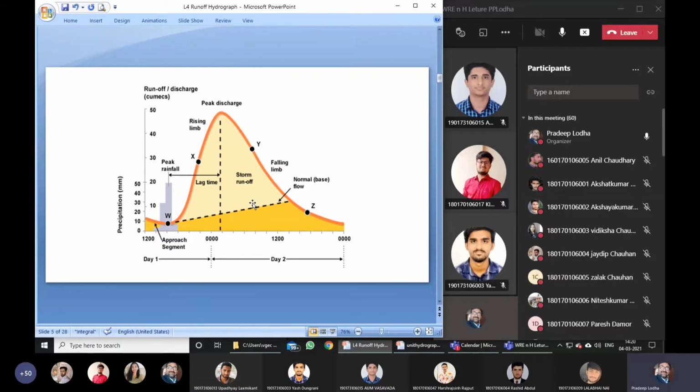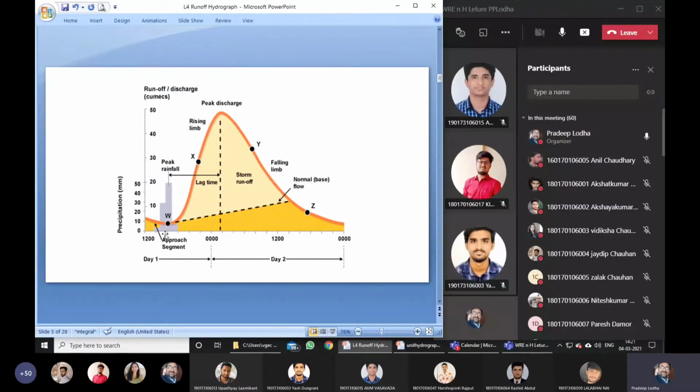Climatic factors, why I say? Because temperature, radiation, cloudiness, dampness, moisture level, many other factors affect the total amount coming as runoff from a given rainfall event. So before we could understand the unit hydrograph, we need to understand the hydrograph.